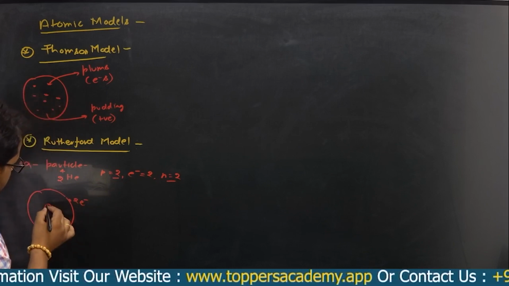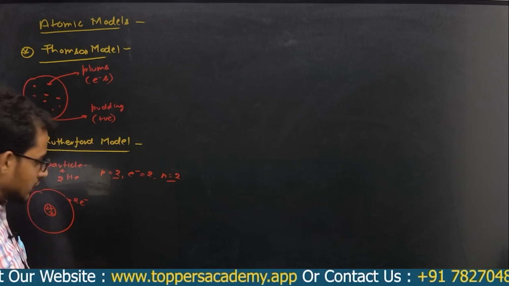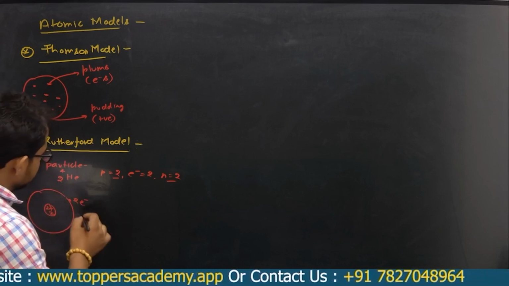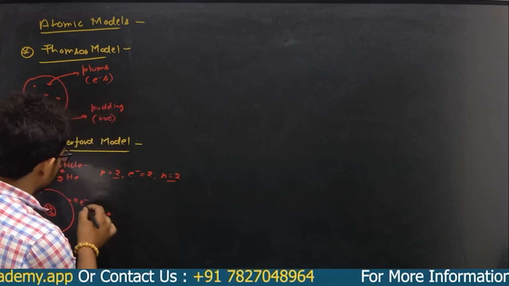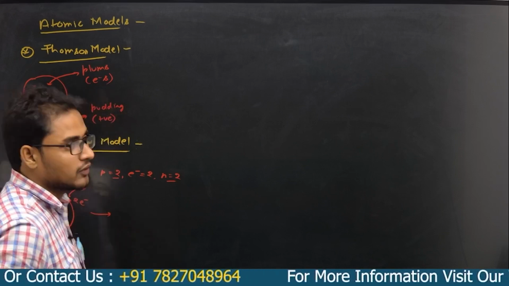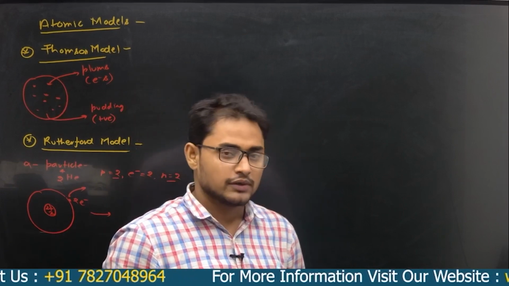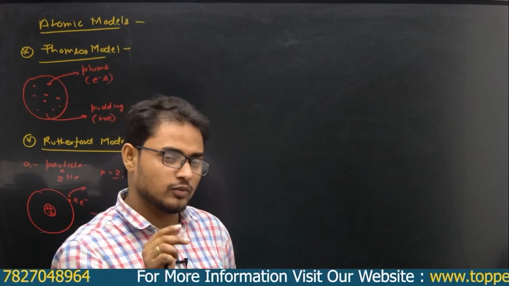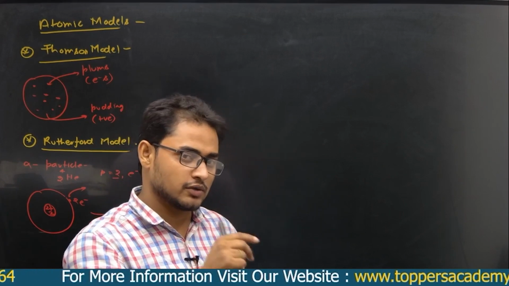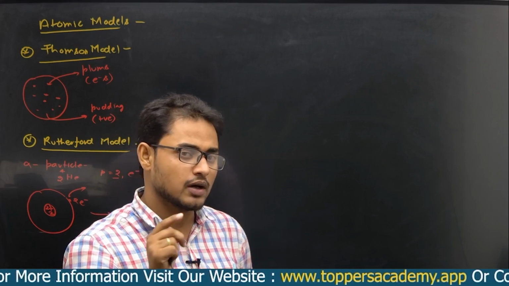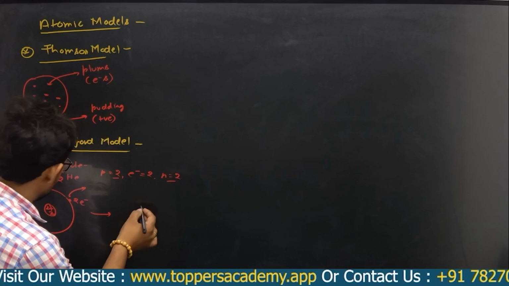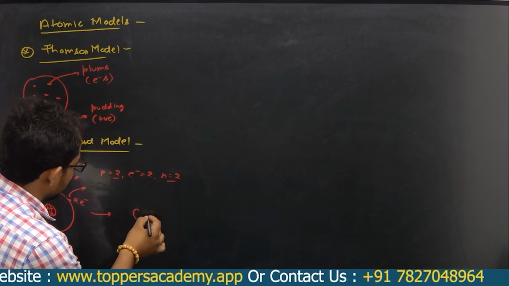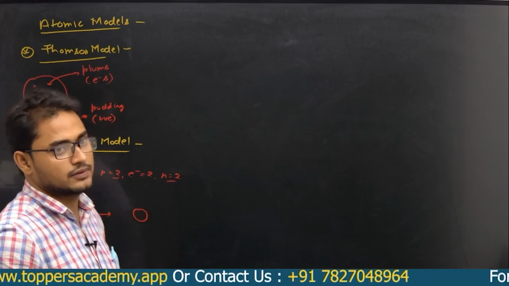Here 2 neutrons and 2 protons are present in the nucleus, and around the nucleus there are 2 electrons, right. If we remove these 2 electrons, I am going to remove both of these 2 electrons from the outer shell, right. So see what will happen, there will be only the nucleus left, right.